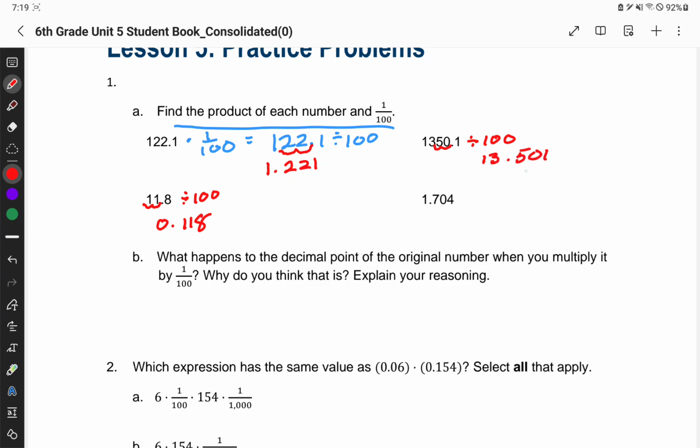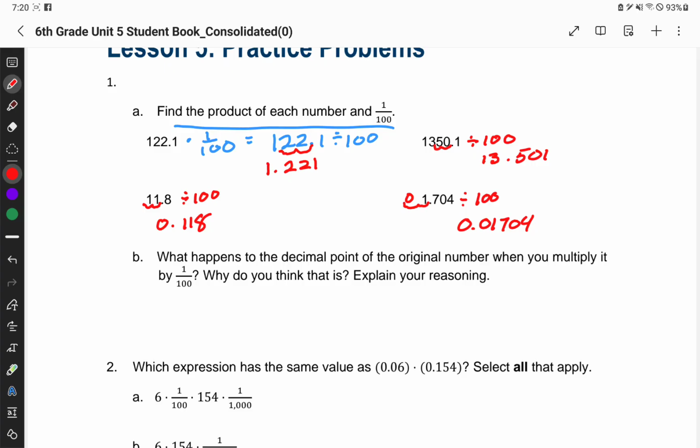We need that 0 because it's not at the end, it's in between the numbers. Divide by 100. So fill that space with a 0, and it's 0.01704. And we're good.